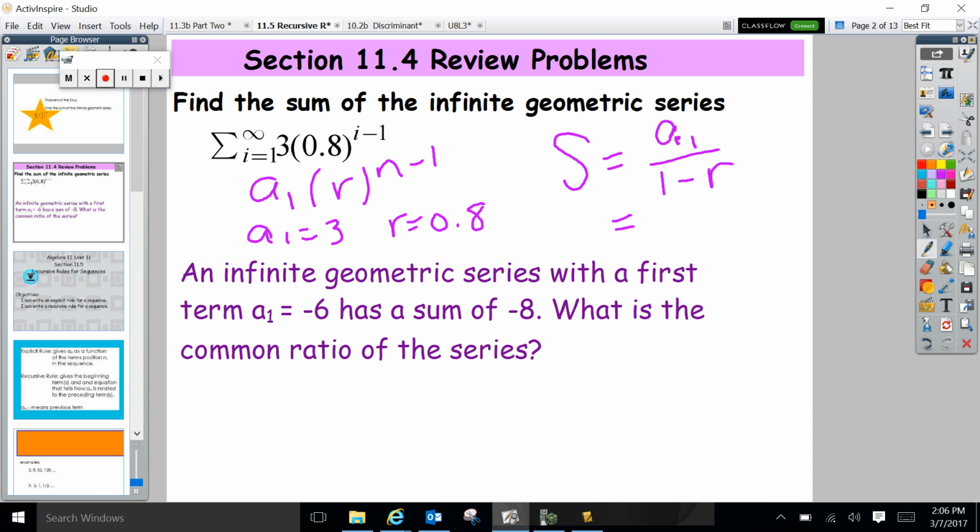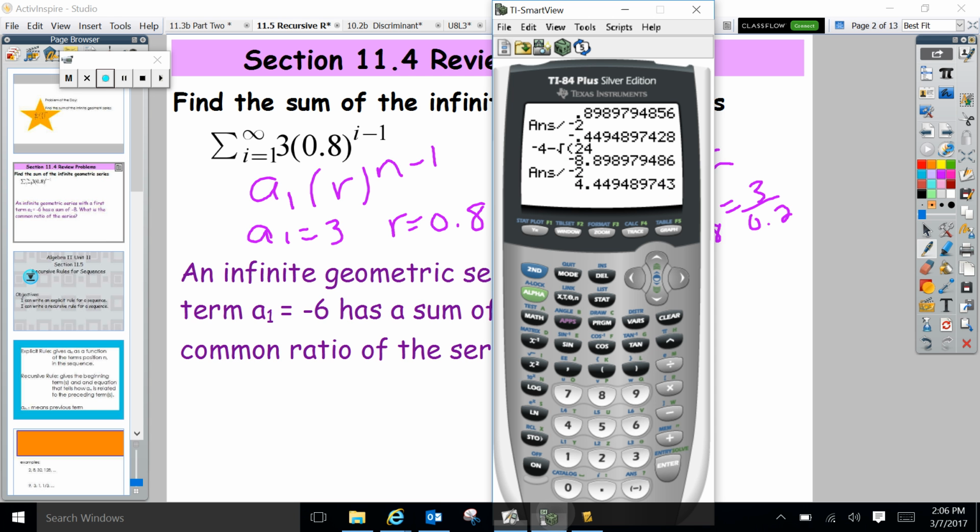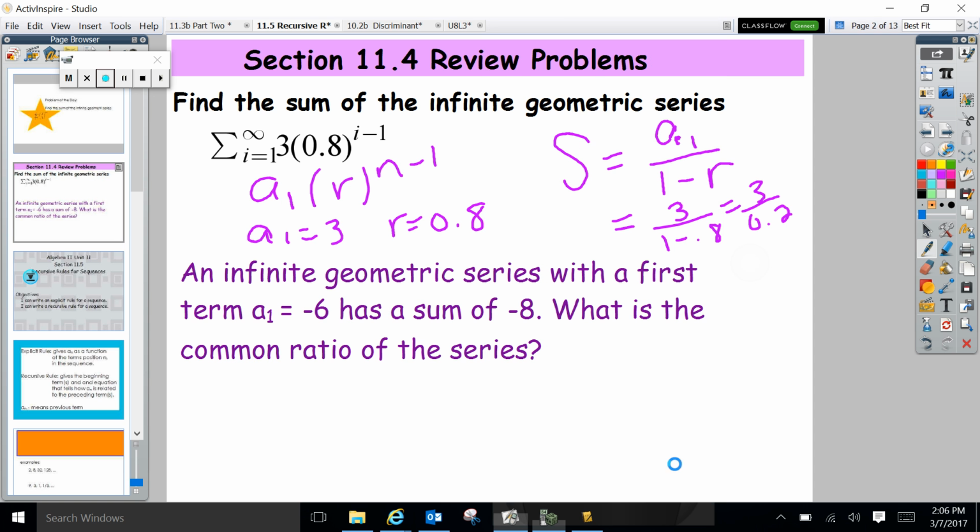So our sum, plugging into this equation, is going to be 3 divided by 1 minus 0.8. So 3 divided by 0.2, and 3 divided by 0.2 is 15. So the sum of that infinite geometric series is 15.